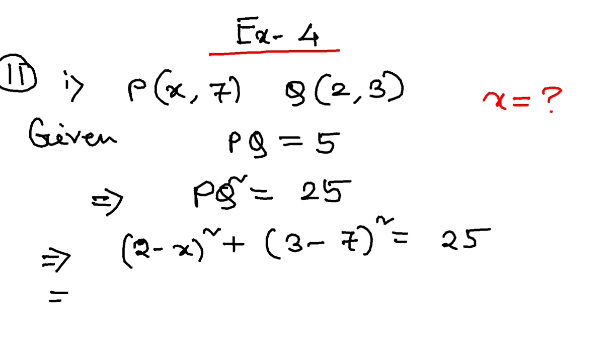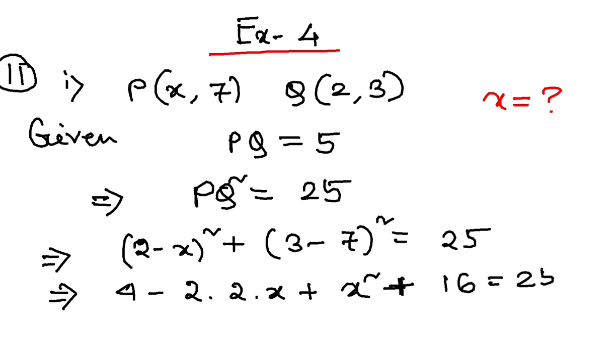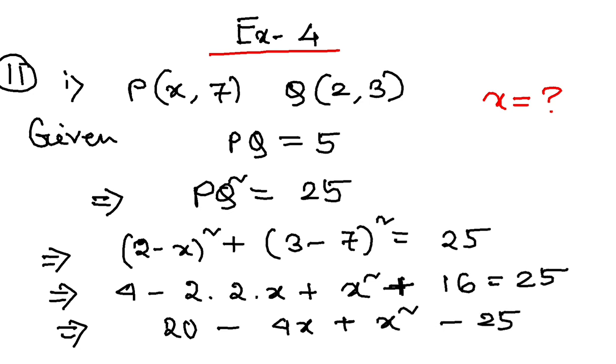So this shall give us (a minus b) whole squared, that is 2 squared is 4, minus 2ab, plus b squared. 3 minus 7 is minus 4. Minus 4 whole squared is 16. So that is equal to 25. This means 20 minus 4x plus x squared minus 25 equal to 0.